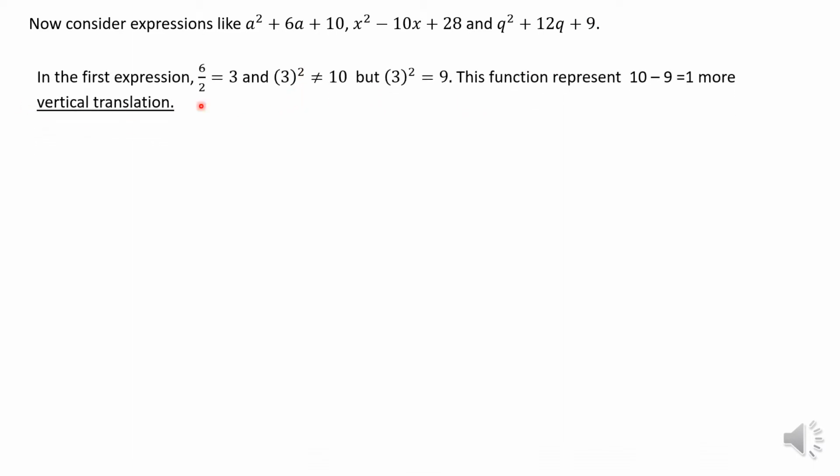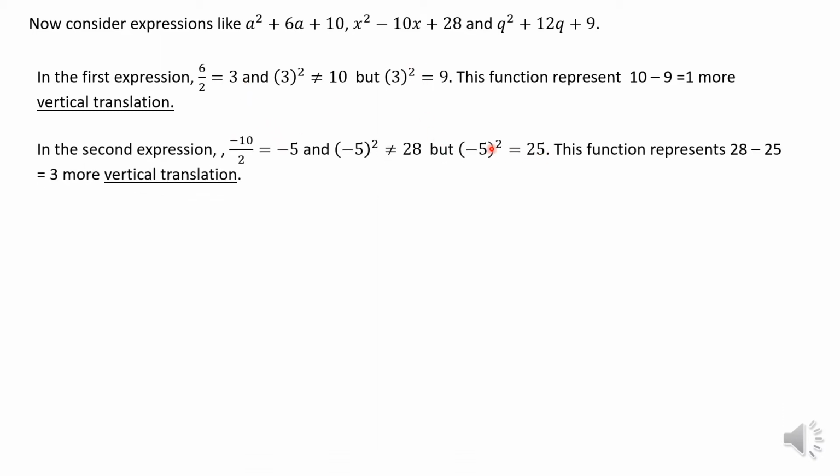And the first expression here, as I just mentioned, is not equal to 9 but equal to 10. So there is a vertical translation, and I will explain this quickly by bringing in the graph, and then you can see what I mean by that vertical translation. The same with the second one. As I said, 28 is 3 more than 25.